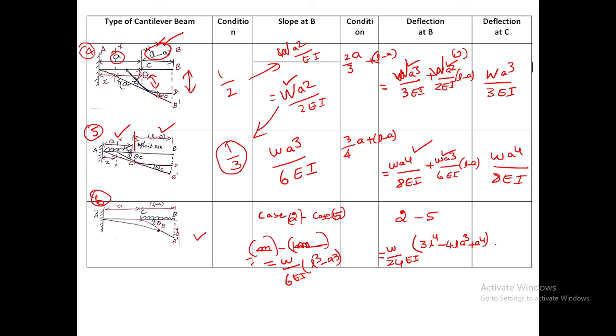At point C the deflection is 0. There is no deflection at point C, since the load starts only at point C, so point C is 0.